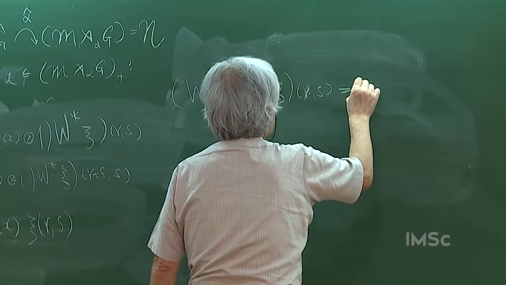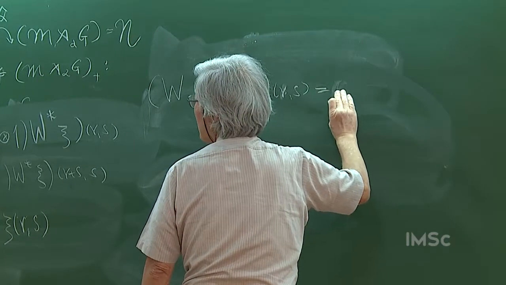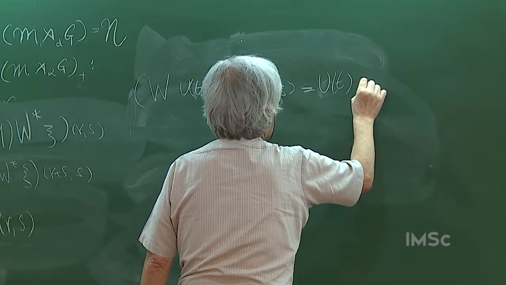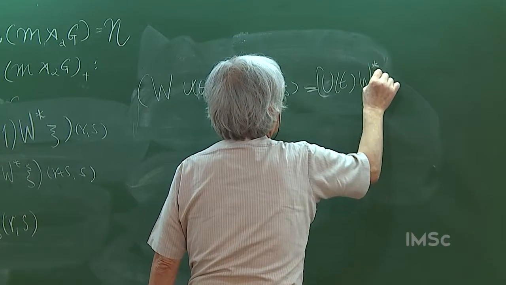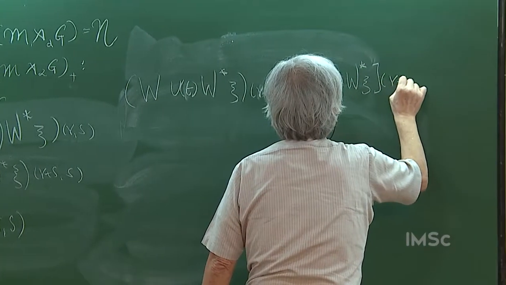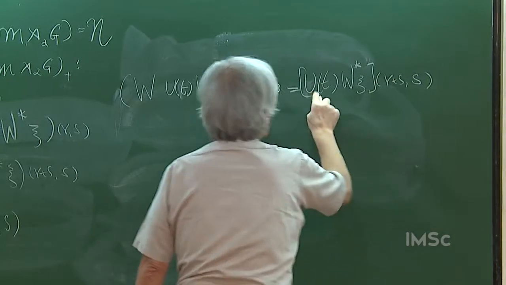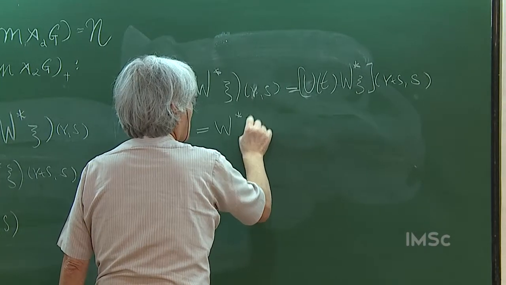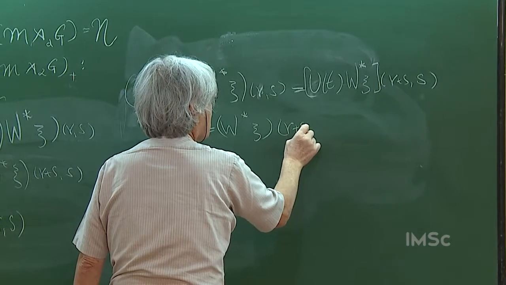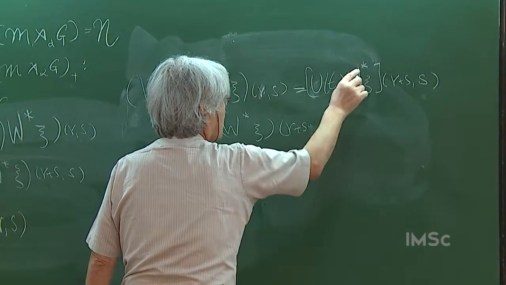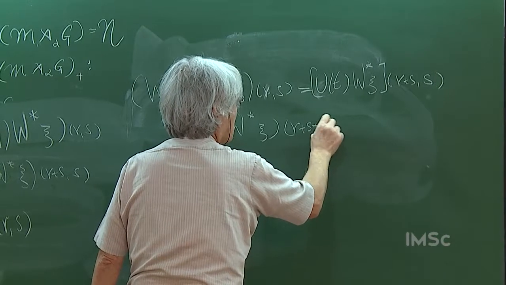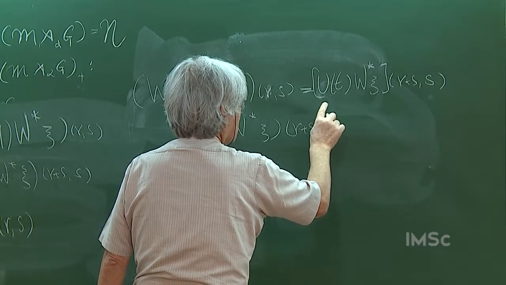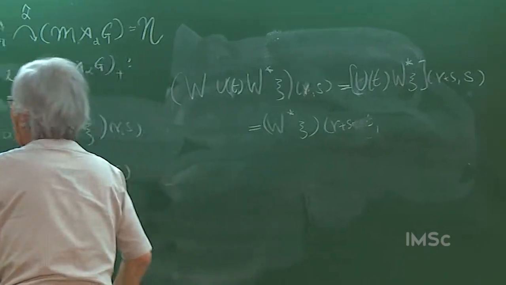Okay, so that's UT, W star, Xi, R plus S. UT does this, W star, Xi, R plus S plus, okay, W star is not taking T. Excuse me, W, UT was what?